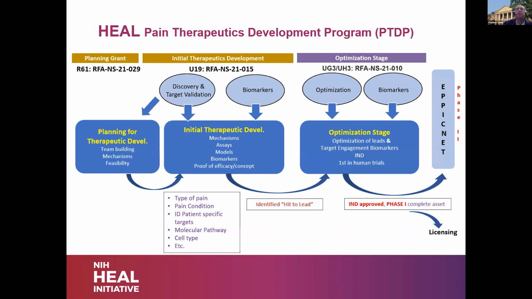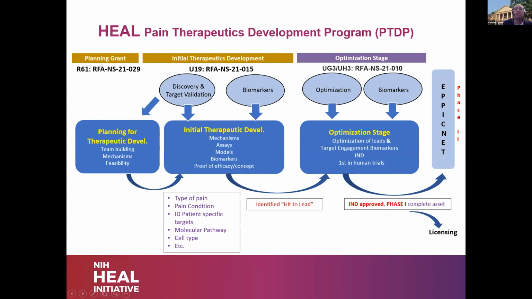The HEAL, the Helping to End Addiction Long-Term program, has in it everything from early stage through the clinic. I'm going to talk today about the preclinical area here. We have a number of different grant mechanisms. We have planning grants to get ready to team building, to think about mechanisms of feasibility.